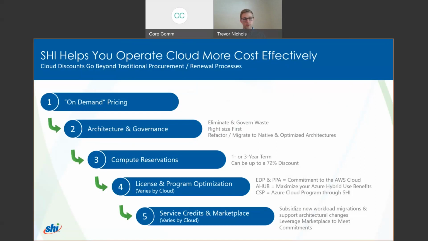Going beyond the programs, there's also some more interesting ones that are very easily missed, and they're things like marketplace discounting. So essentially, the cloud is ubiquitously used for just about every sort of use case these days, and most of the marketplace vendors that you would use on a traditional on-premises environment are also available in more cloud optimized forms to do things like firewalls and everything else under the sun.